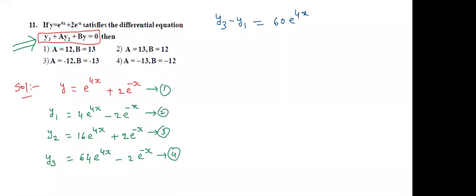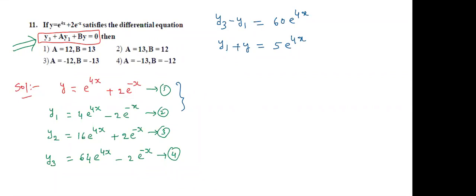Okay. Now do y1 plus y. What happened? Add these two: 4 plus 1, this is 5, 5e^(4x).